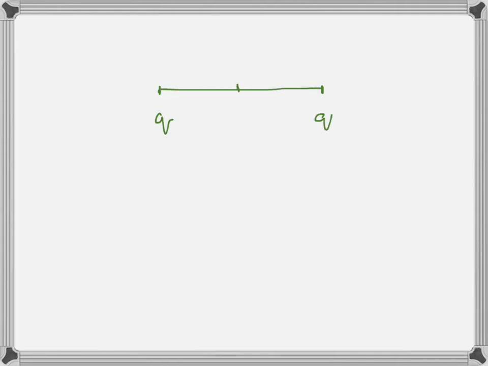If I keep a third charge in between, net force on this will be 0. Because these two charges will equally exert force on this capital Q. The force may be attractive or repulsive, but they will equally exert force. So net force on Q will be 0.